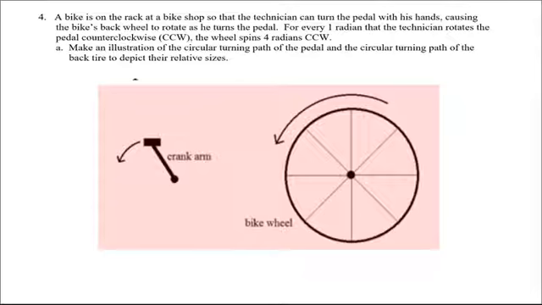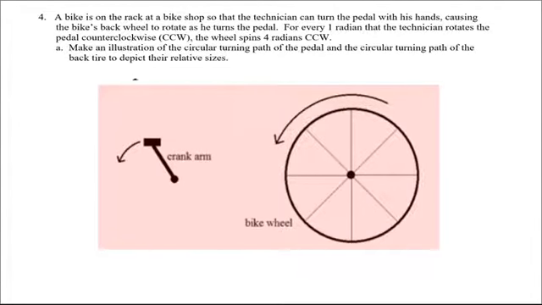And we're asked in part A of this question, number 4, to illustrate with a picture if the technician turns the pedal of the bike with his hands, it causes the bike wheel to rotate as he turns it.